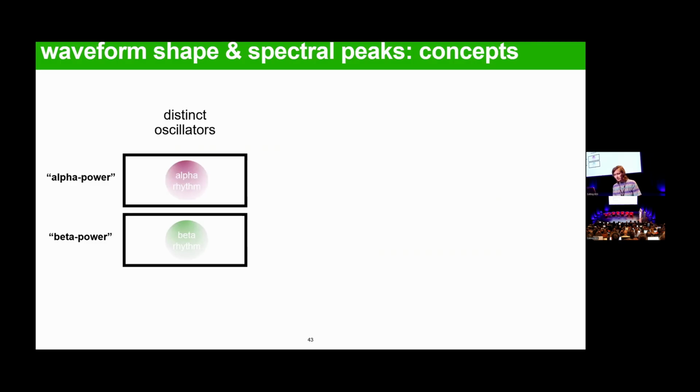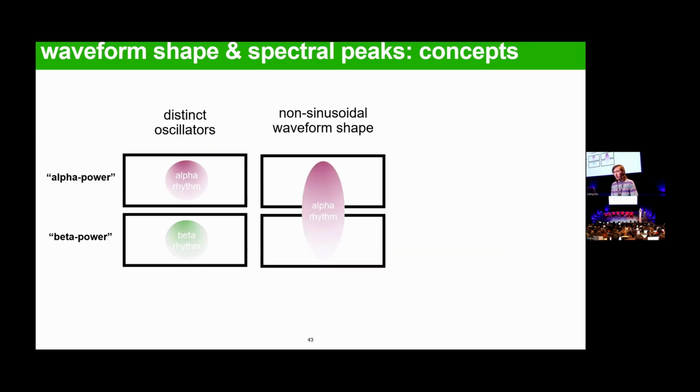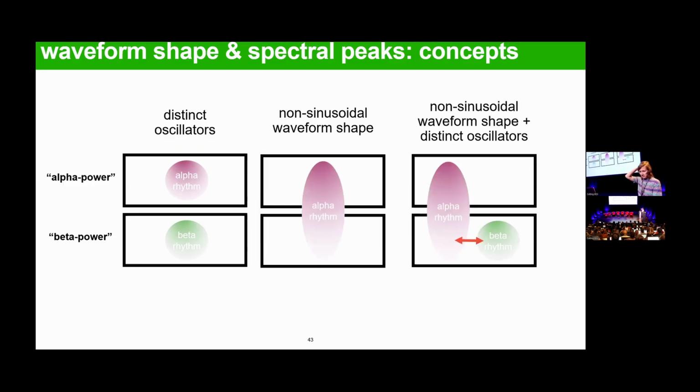So again, it's a little bit faint, but again, you have a measure that you can define and easily compute, but you don't know what underlying scenario you are capturing, and you have to think about what is really happening on the neurophysiological level. So are these distinct rhythms?